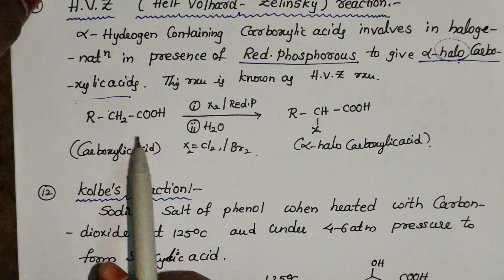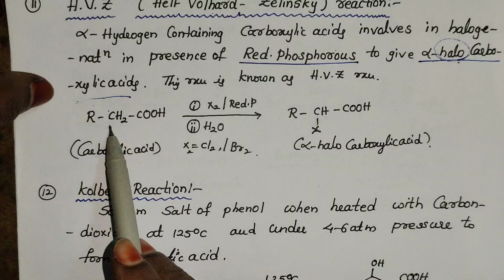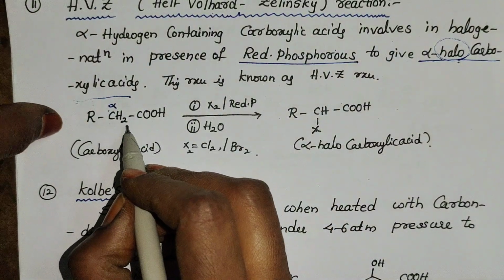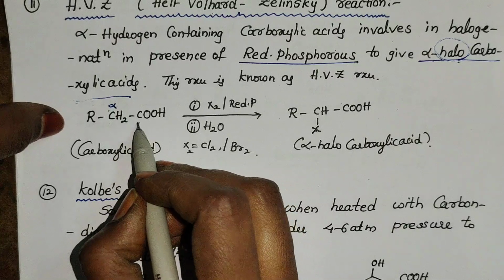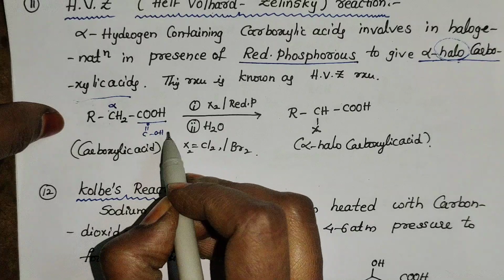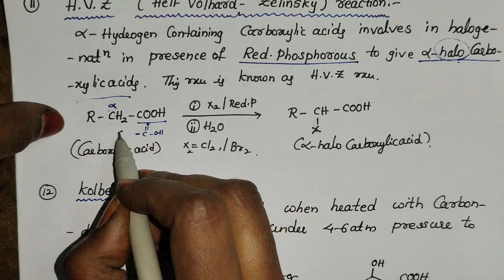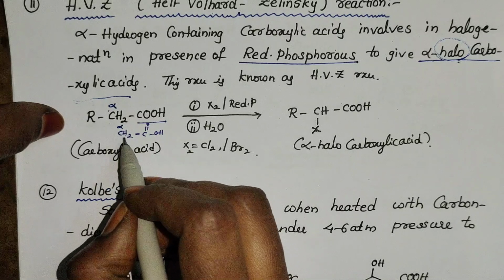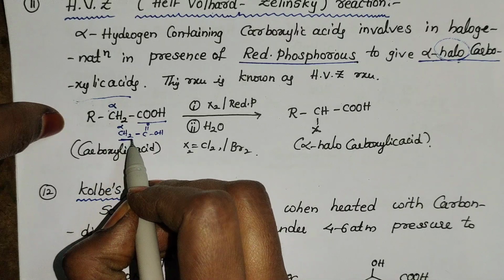Look at this. The carboxylic acid is compulsory. Alpha carbon and alpha hydrogens are compulsory. This is the main functional group, C double bond OH. The first adjacent position is known as the alpha carbon, and the hydrogens on the alpha carbon are known as alpha hydrogens.